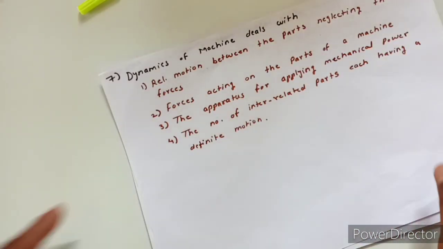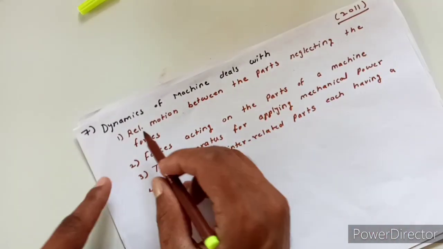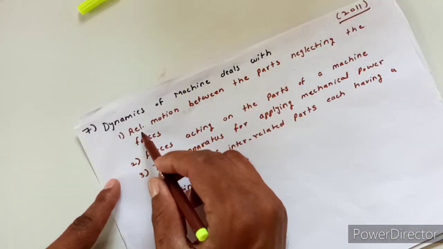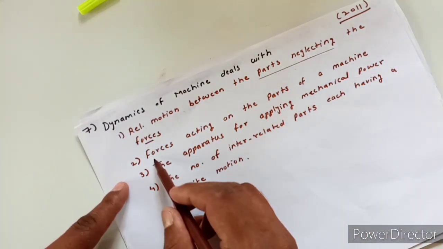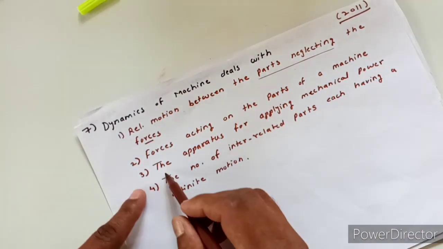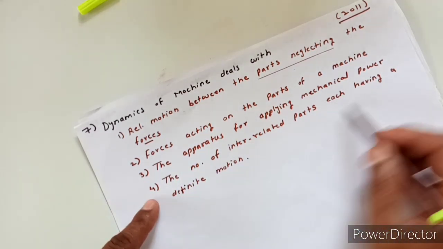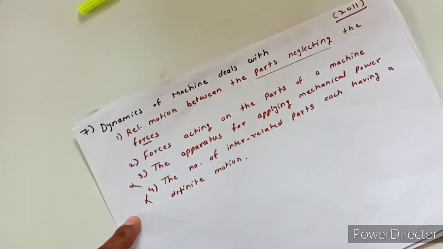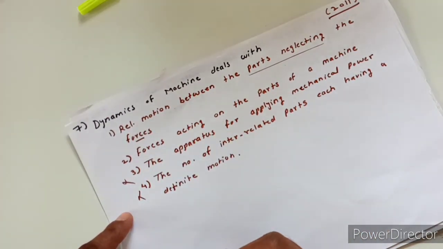Now question number 7. This was asked in 2011. Dynamics of machines deals with relative motion between the parts, neglecting the forces, or the forces acting on the parts of a machine, or the apparatus for applying mechanical power, or the number of interrelated parts each having a definite motion. These two are definitely wrong. Now we will compare these two.